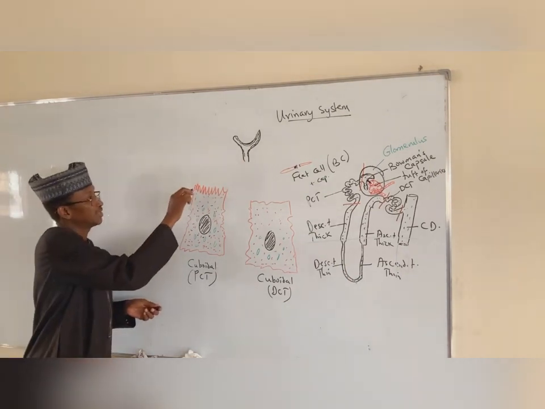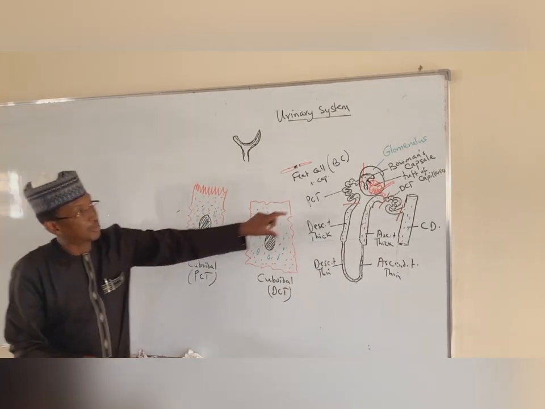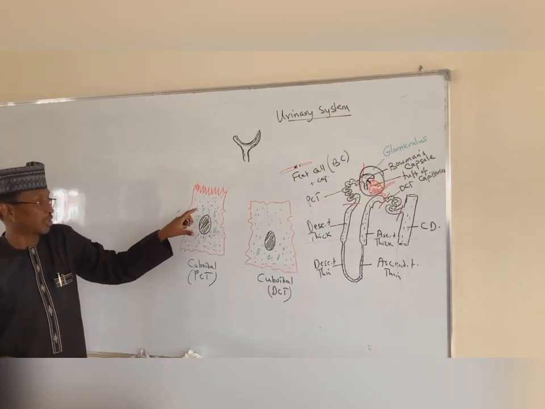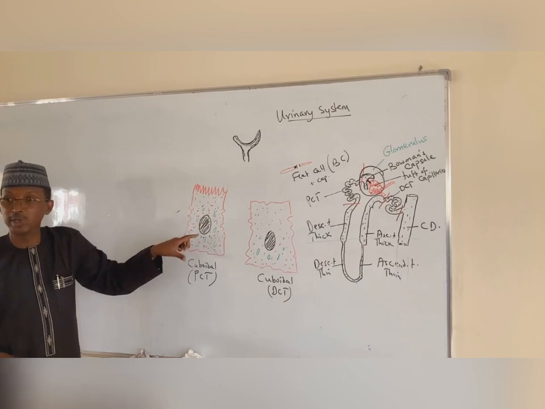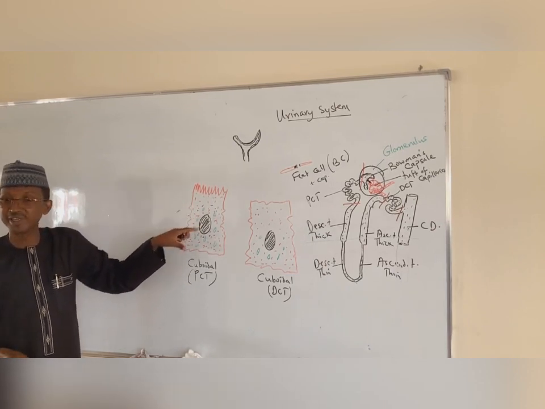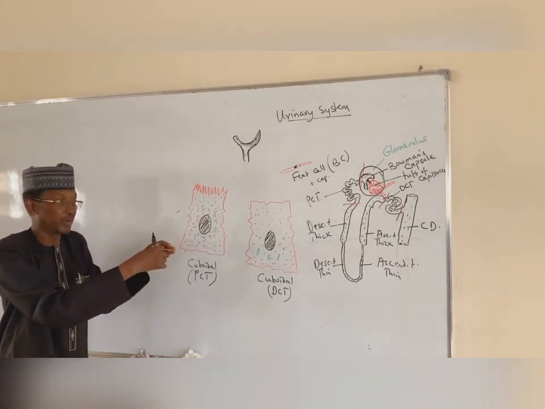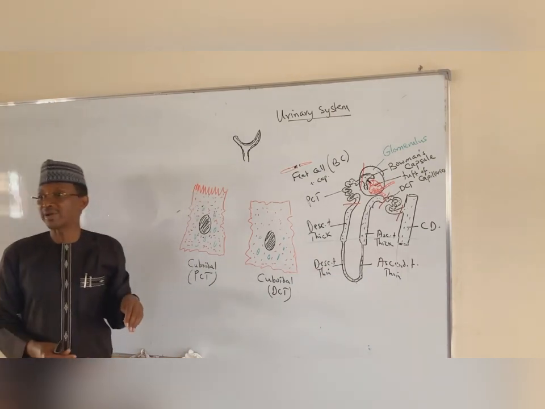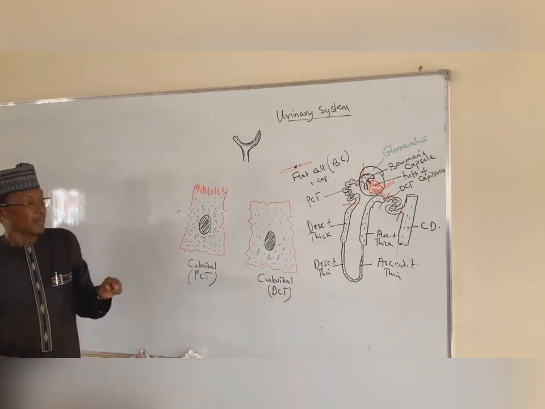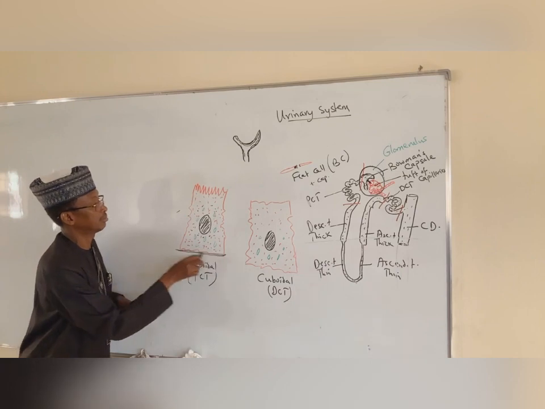So the cuboidal cells found in this portion have a centrally placed nucleus, multiple mitochondria, cytoplasm staining eosinophilic, a serrated side of the cell membrane, with the apex containing microvilli. Each of these cells lies on the basement membrane.